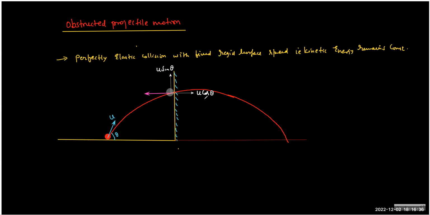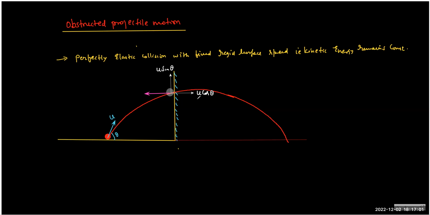So in case of perfectly elastic collision, the component of velocity along the impact will reverse, but the other component remains unchanged. What it means is that u cos theta will reverse after impact, but u sin theta remains unchanged as it is.